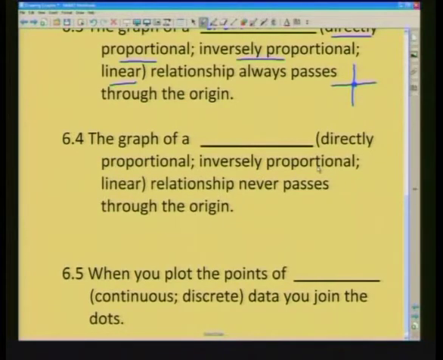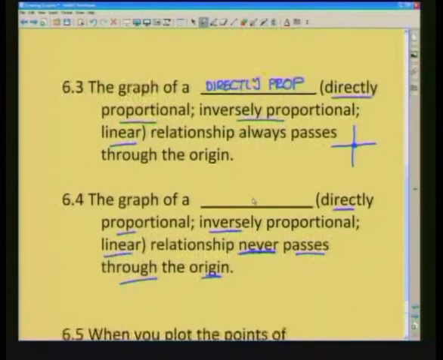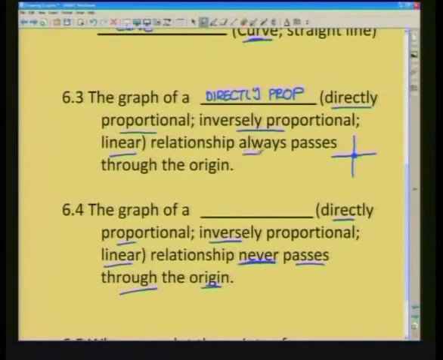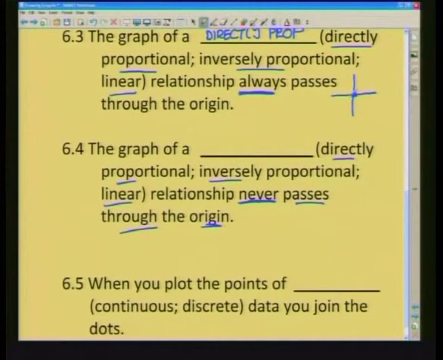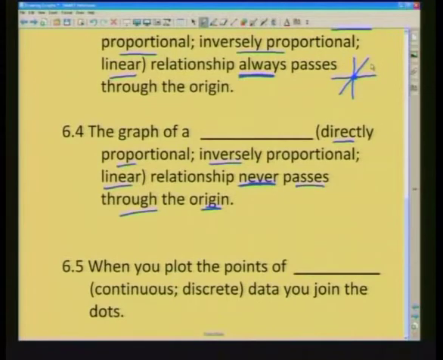6.4, the graph of, once again, you've got the same options, directly proportional, inversely proportional, or linear relationship, will never pass through the origin. Now be careful here, you need to always read your questions carefully, and this is a clear example. It's exactly the same as the previous question, but there they say always passes, and that was our directly proportional relationship. Here it says never passes through the origin.